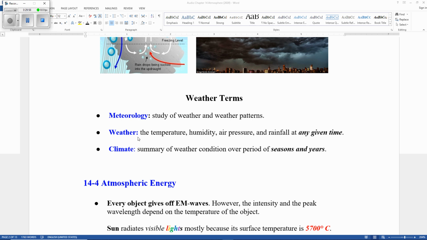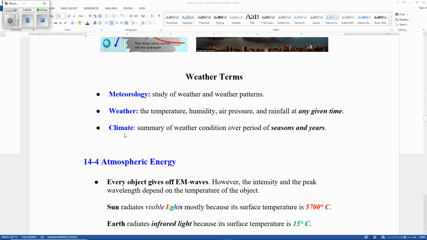So we say the weather today, weather tomorrow, maybe next Monday. Now climate is for the long term, a long period of time. So that's for seasons or for years. It is the summary of the weather conditions over a long period of time, seasons and years. So those are a few definitions.